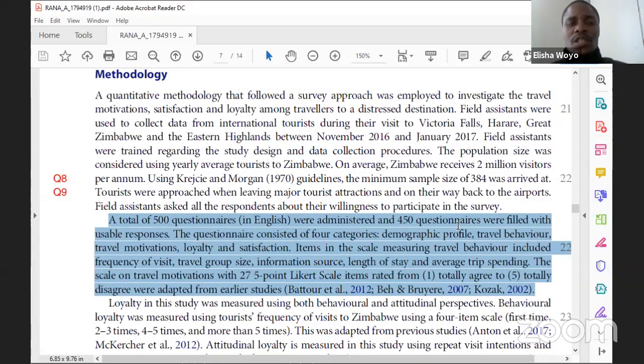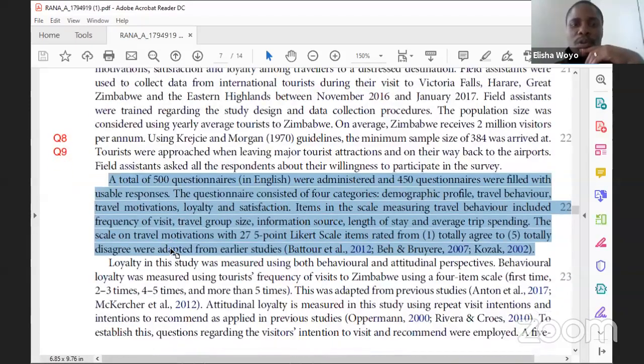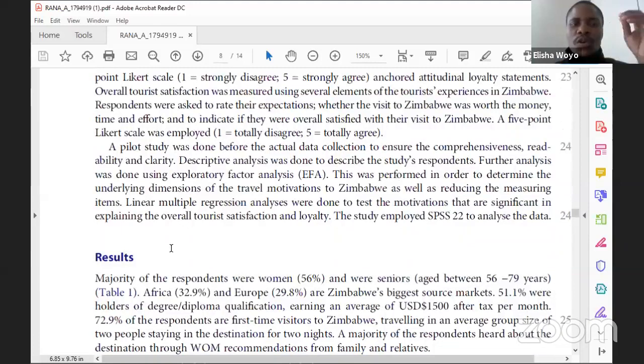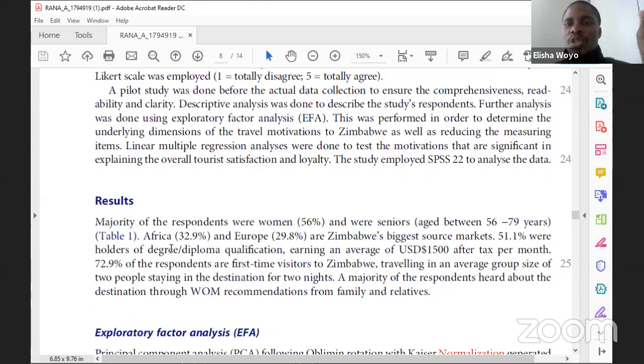So it's important to indicate the number of questionnaires that were distributed, how many were returned back, and how good your response rate was. In this regard, you just need to say 450 divided by 500, and then you will be in a position to get your response rate.